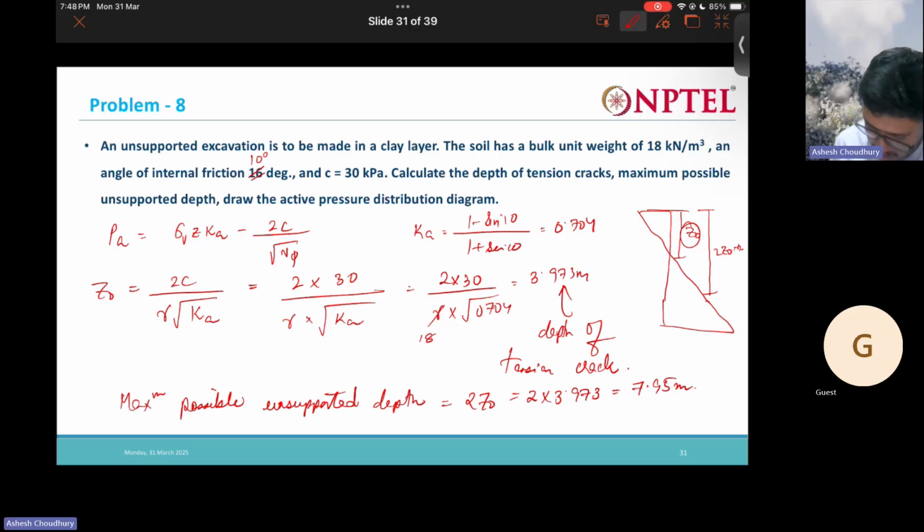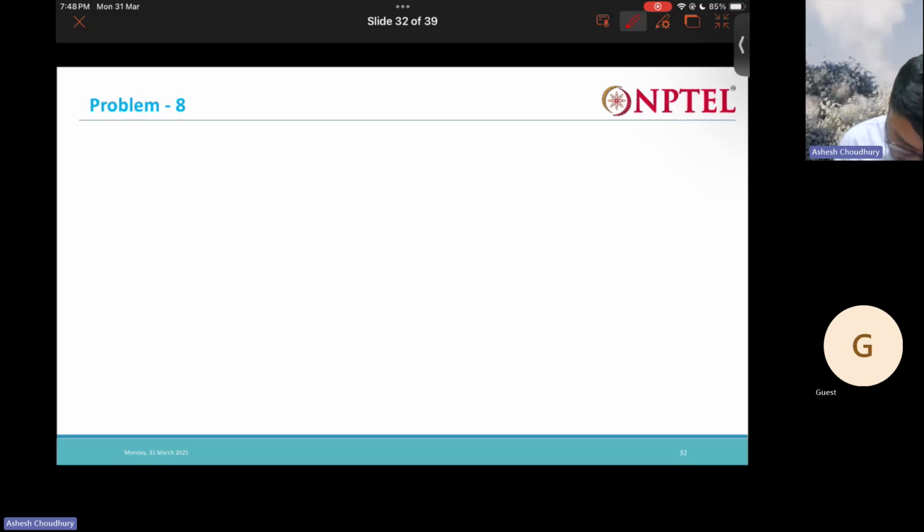Okay, and you want to draw the pressure diagram too, so the pressure diagram will be something like this. This is the 2 z naught, which is 7.95 meters.